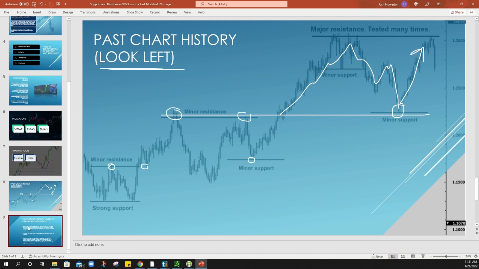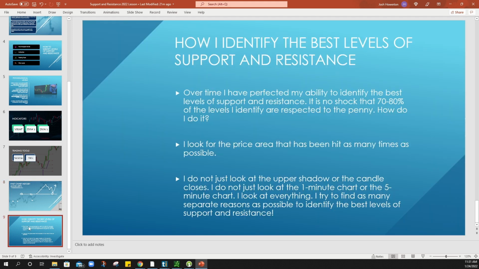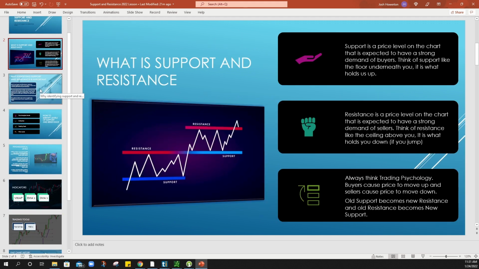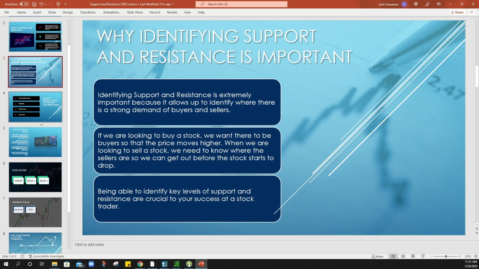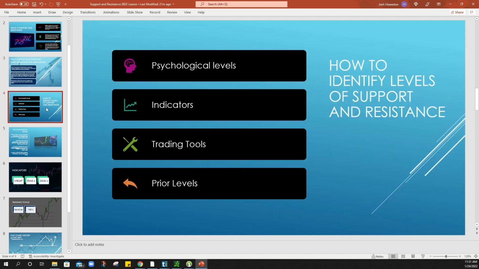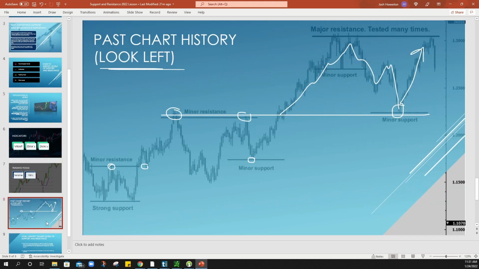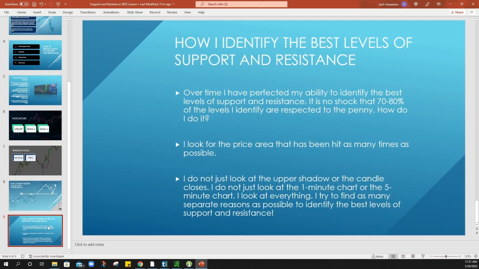Okay. So I'm sure you guys are asking, all right, cool. I know what support and resistance is. I know why it's important, Josh. I learned something new today. I learned about prior levels, maybe some trading tools, psychological levels. I learned a lot here. But my question to you, Josh, is how do you identify these levels?